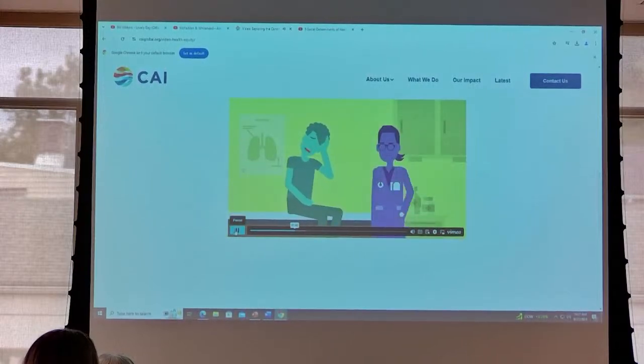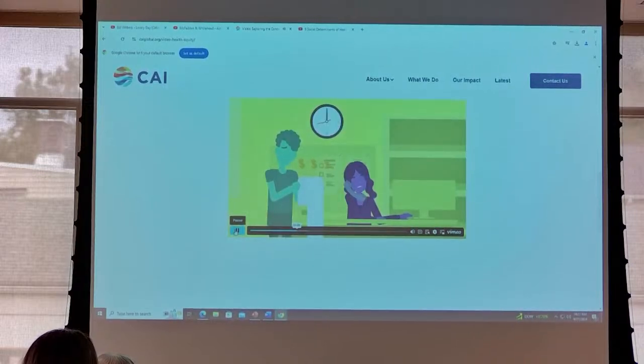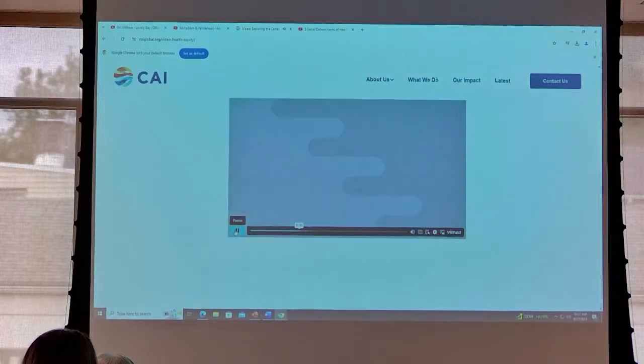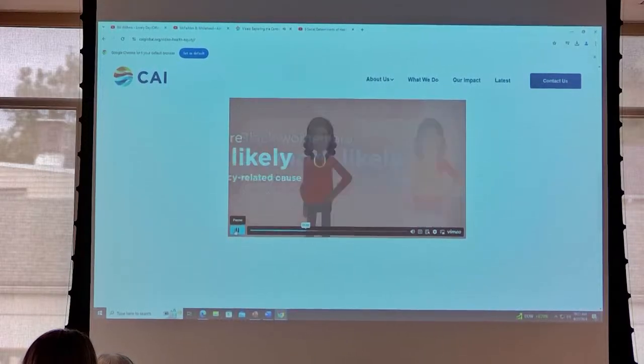For example, we know that due to racism, people of color are more likely to experience barriers accessing healthcare and are more likely to be uninsured, underinsured, have lower quality healthcare, and to face discrimination from healthcare providers. This can lead to chronic stress and delays in diagnosis and treatment, resulting in poorer health outcomes such as Black women are 3 times more likely to die from a pregnancy-related cause than white women.